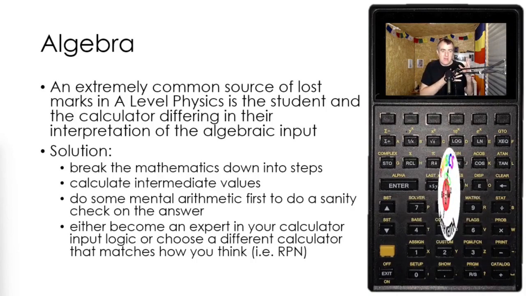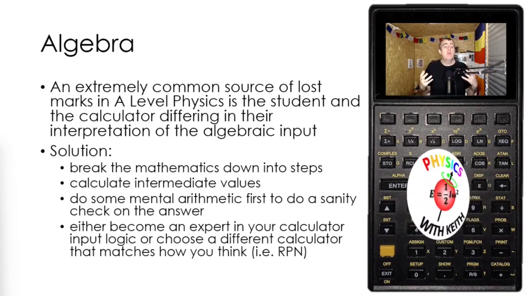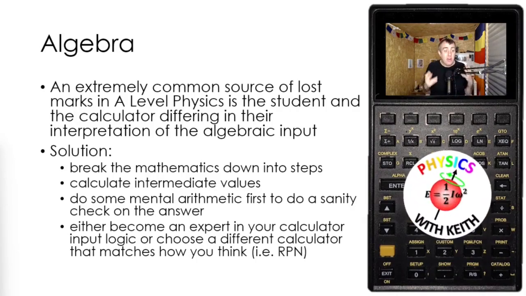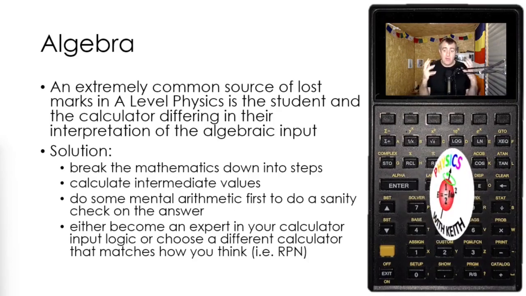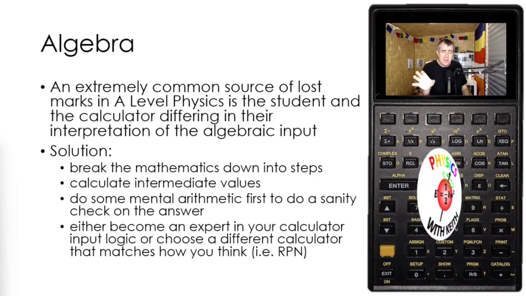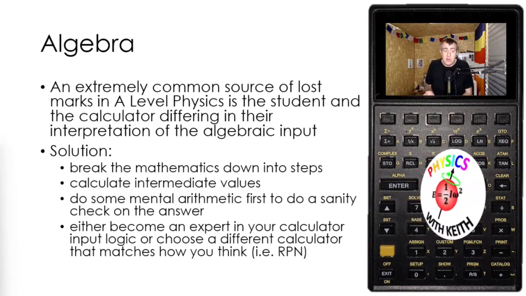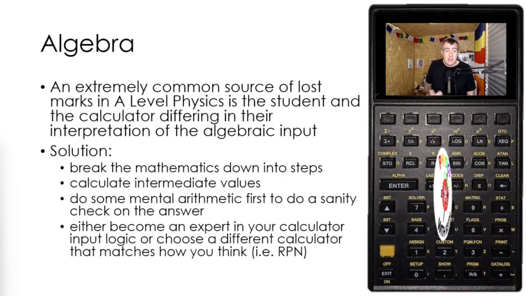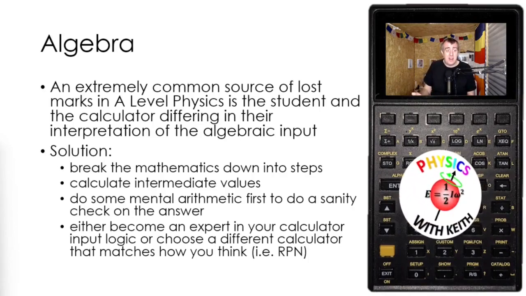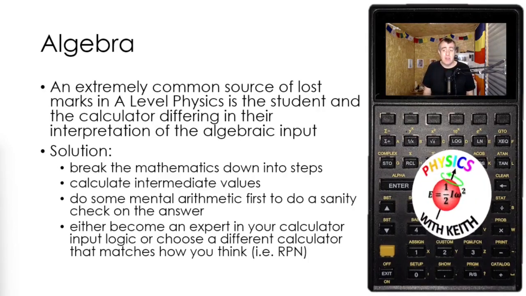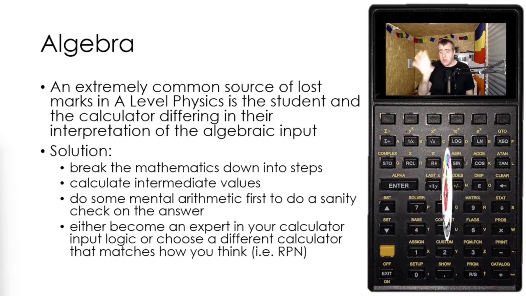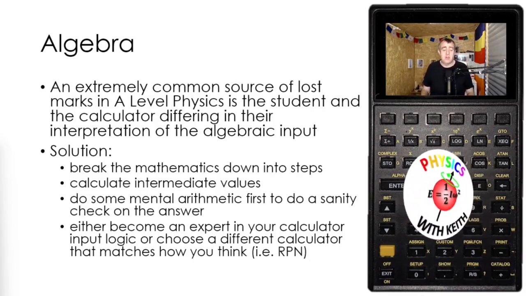Well, if your calculator's doing things differently, how do you know what you're going to get out? How do you know that the calculator is working for you? That's terrifying. The idea of having a calculator where you type in an expression and you don't know if what it's told you is the answer to what you wanted it to tell you or if it's interpreted your input incorrectly.